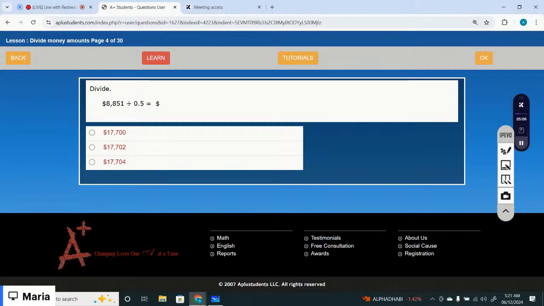8,851 divided by 0.5. Option number three, that is 8,851 divided by 0.5.